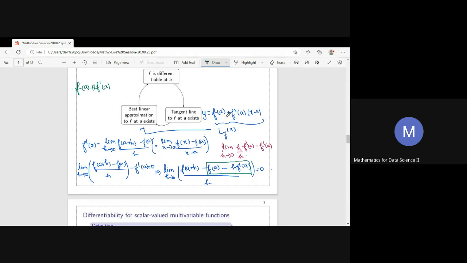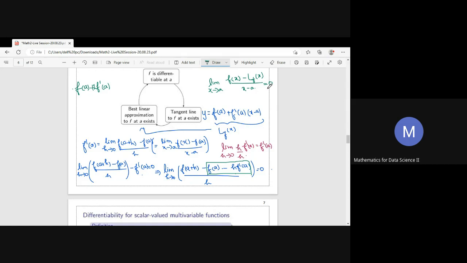It means that you are getting limit x goes to a, f of x minus L f of x, the whole divided by x minus a, is 0. Now do you understand what is going on here? Near a, when x is near a, the function value and the linear approximation get very close.